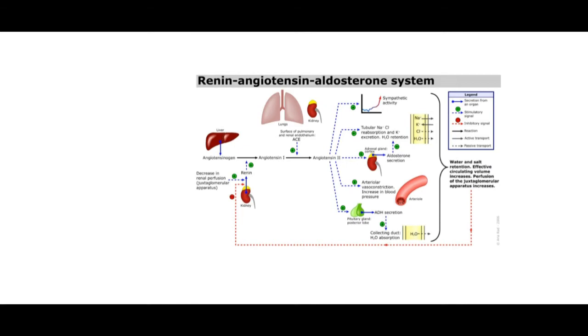The reabsorption here, it's important to understand specifically that it's going to trigger the increase in reabsorption of your sodium, and because it's triggering sodium reabsorption, it's also going to trigger chloride reabsorption as well, and it's doing so in exchange for the potassium secretion, so you get water coming in. The effect is retention of salt and water to make sure that your blood volume goes back up and your blood pressure goes back up and you don't pass out.